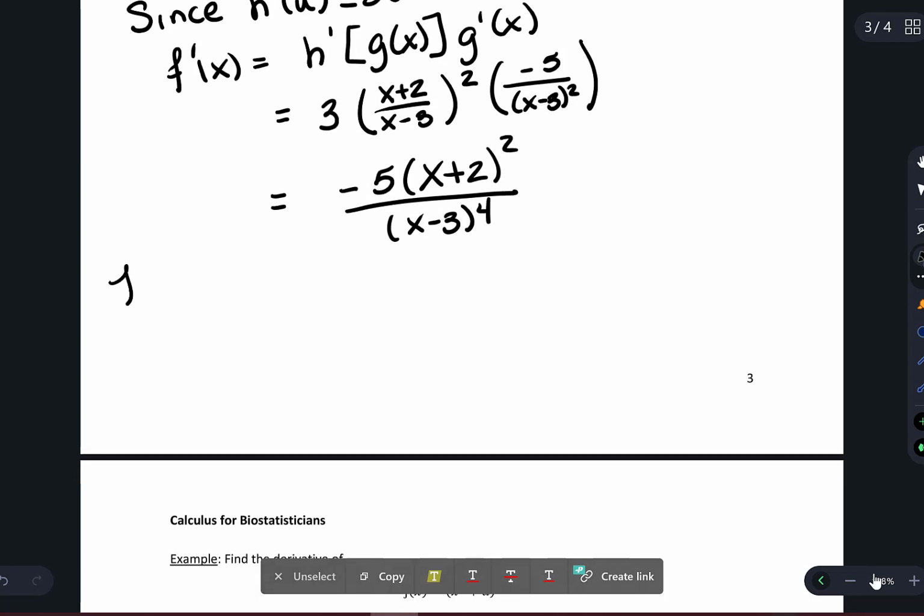And so notice this is an example of a generalized power rule.